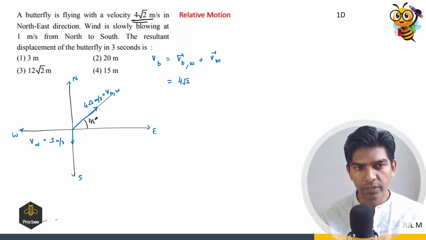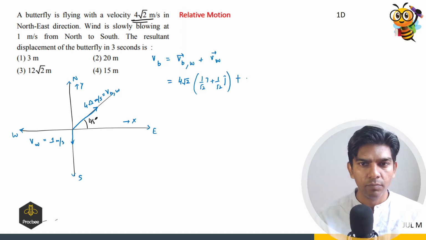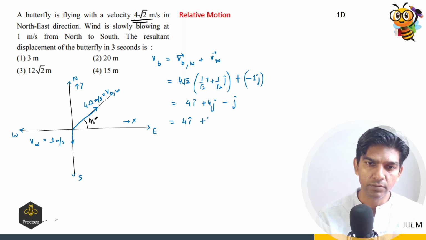So 4 root 2 times cos 45 i cap. I'm taking the right direction as x-axis, upward direction as y-axis. So that will be 1 by root 2 i cap plus 1 by root 2 j cap plus minus 1 j cap. So this comes out to be 4 i cap plus 4 j cap minus j cap, which is 4 i cap plus 3 j cap.